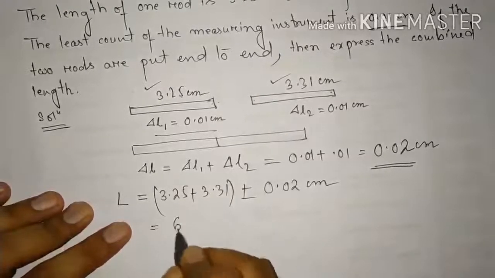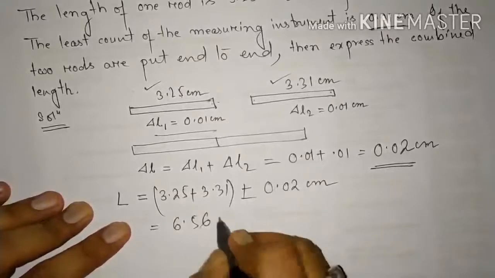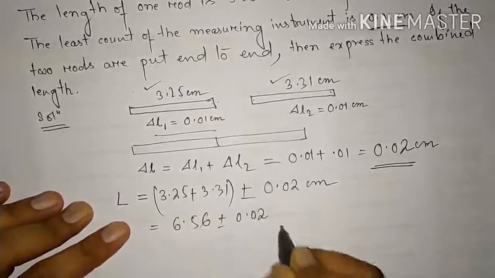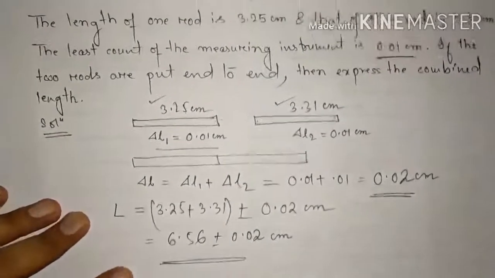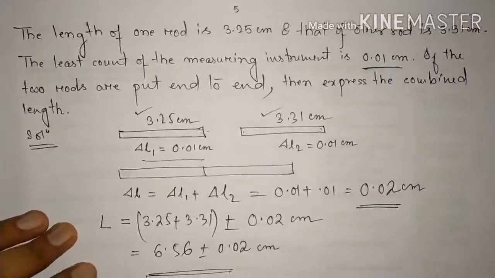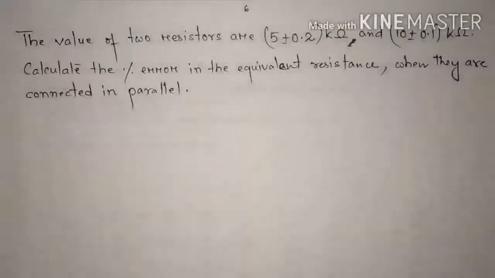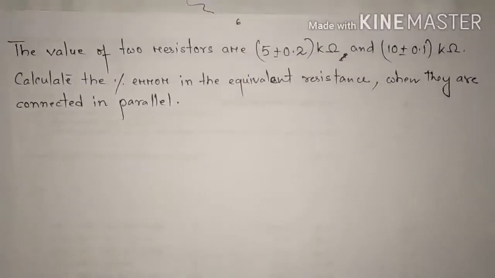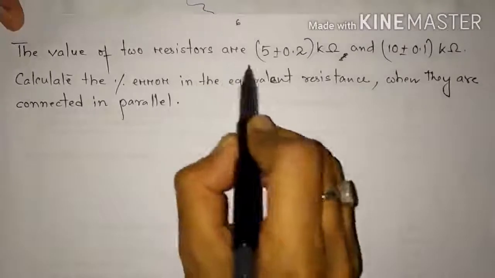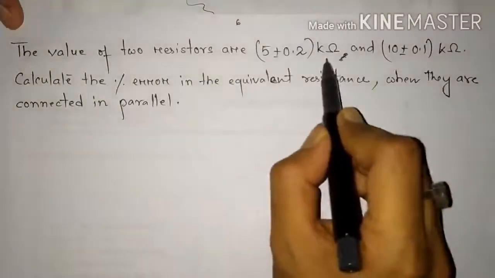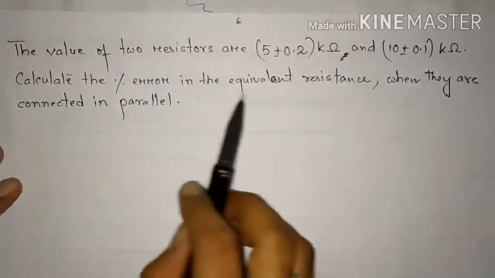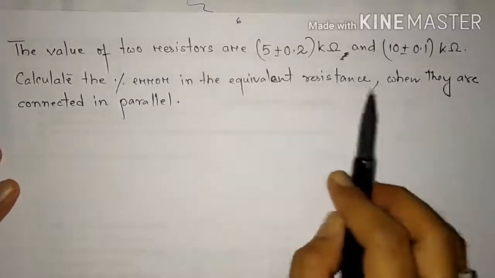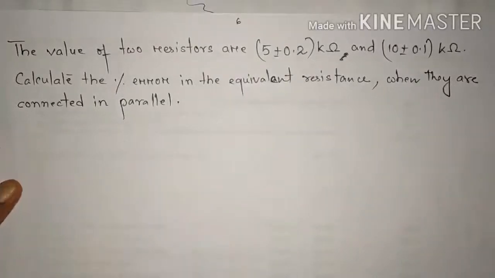That means 6.56 plus minus 0.02 centimeter. This is the answer. So nice problem. Now let us focus on the next problem. This is a different type of numerical problem. The values of two resistors are 5 plus minus 0.2 kilo ohm and 10 plus minus 0.1 kilo ohm. Calculate the percentage error in equivalent resistance when they are connected in parallel.